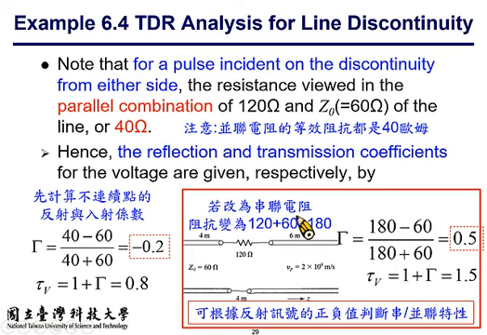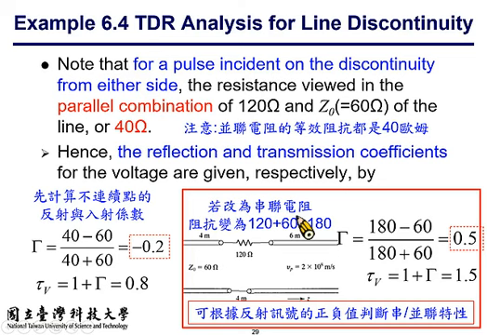All right, so let's compare these two results. The one on the left is made with a shunt resistance to form the discontinuity, and the one on the right has a series resistance included in the discontinuity. Because the resistor is connected in shunt with the transmission line, the equivalent impedance is smaller than the characteristic impedance.